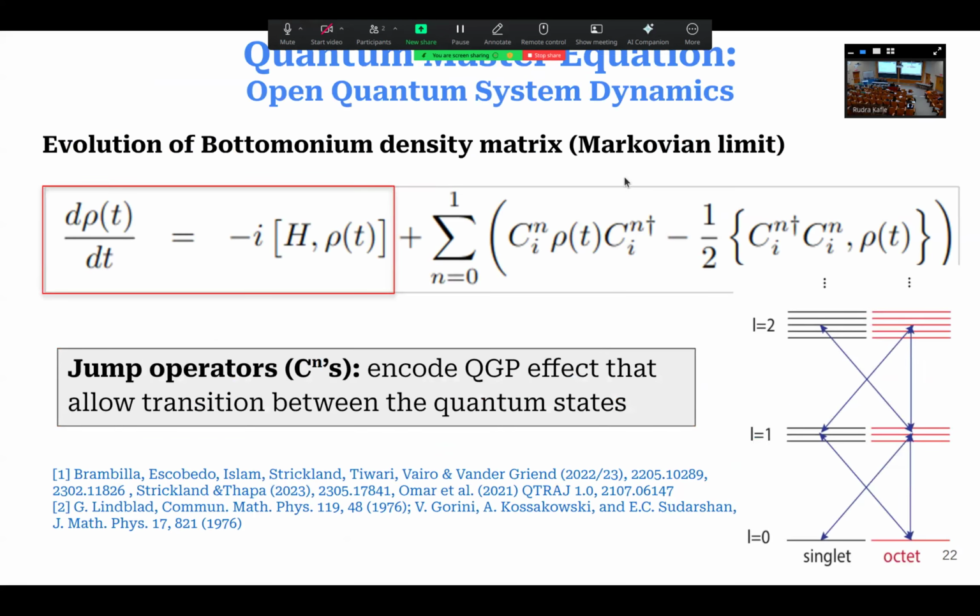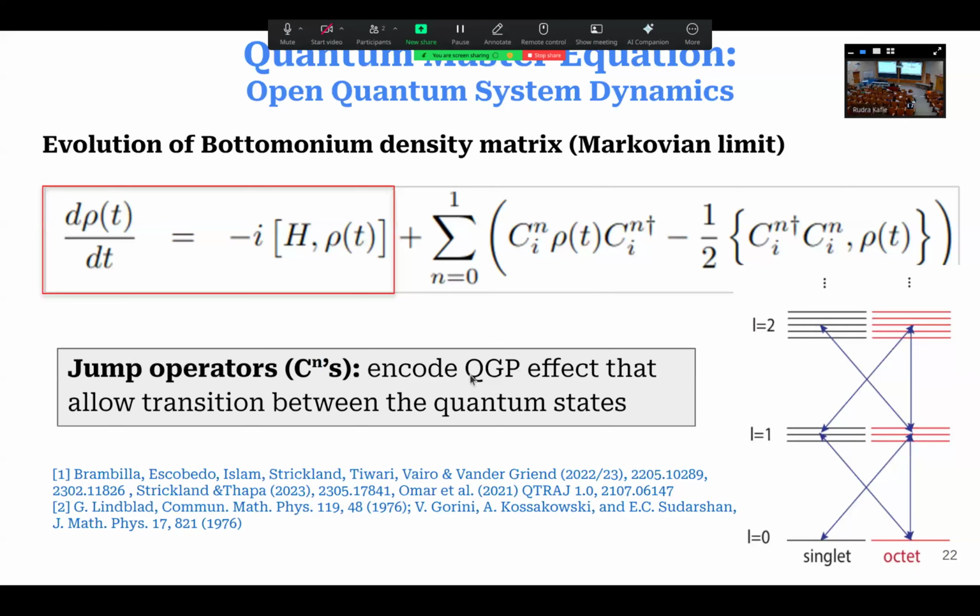And so if you try to model these Quarkonia systems using an open quantum system, you obtain this quantum master equation. This gives the real-time evolution of real quantum systems that are not completely isolated from the environment. And this term is the Schrödinger equation when there is no interaction. But because of the interaction, there are additional terms in the equation that encode the effect of the medium in this quantum system.